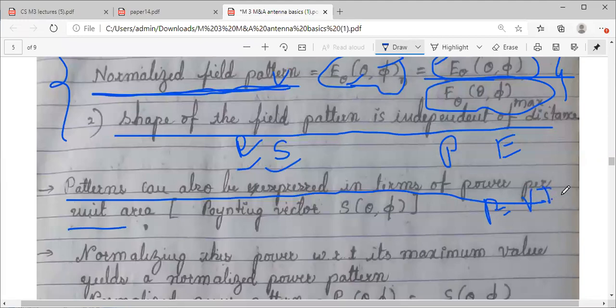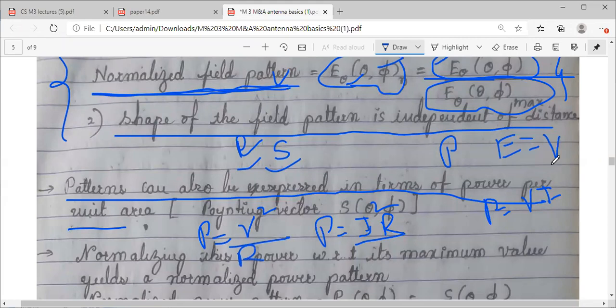From the basics, P equals VI, or P equals I square R, or P equals V square by R. And we already know that field and voltages are related: V equals E by L, right?